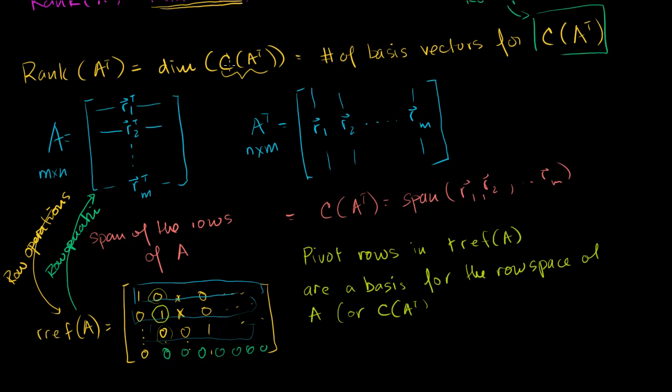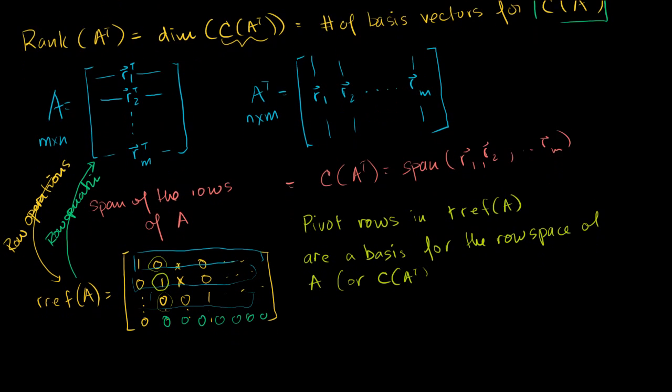So the dimension of your row space, which is the same thing as the column space of A transpose, is going to be the number of pivot rows you have in reduced row echelon form. Or, even simpler, the number of pivot entries you have, because every pivot entry has a pivot row.